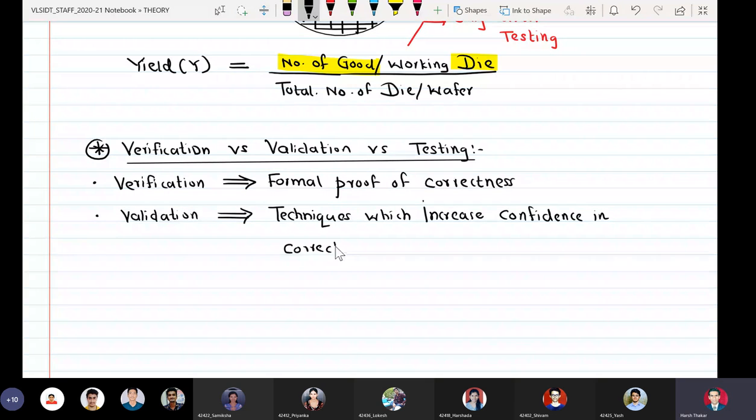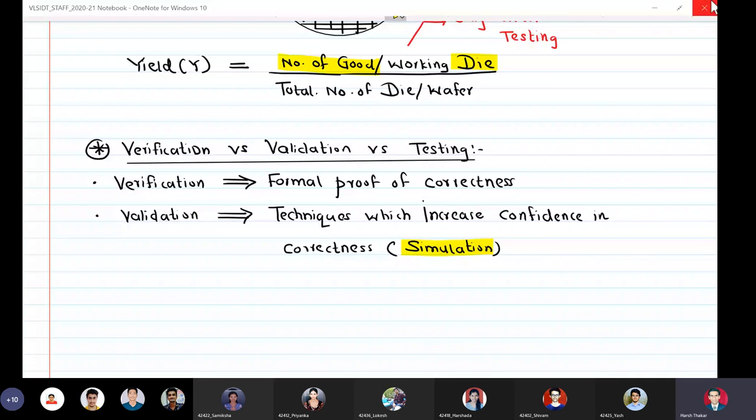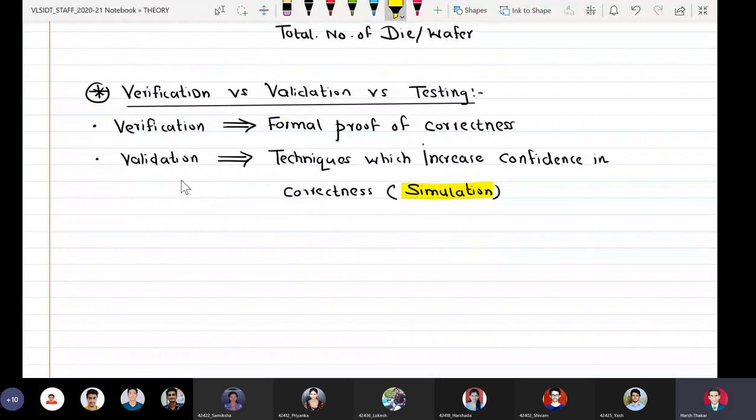So simulation can be called a validation tool. Simulation is an example of a validation technique. And then we have testing. So we can say testing is a final proof of correctness.